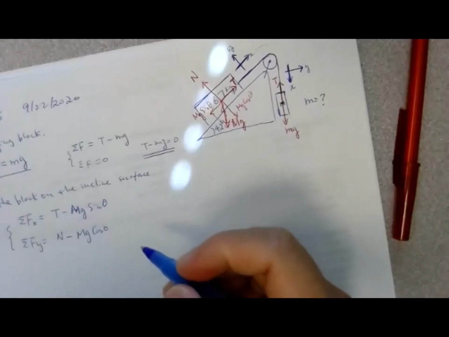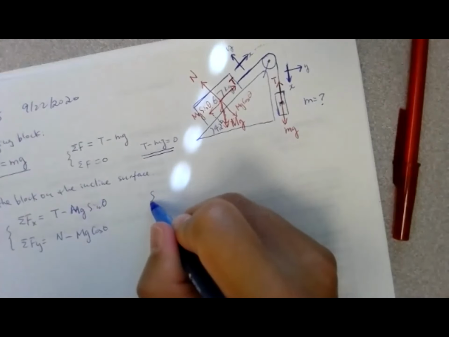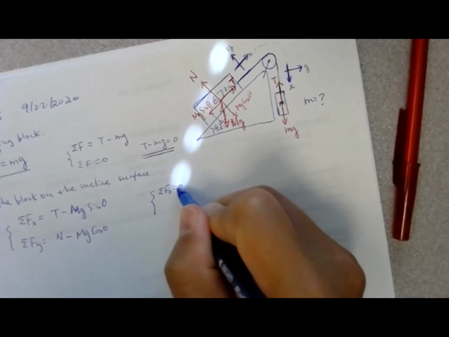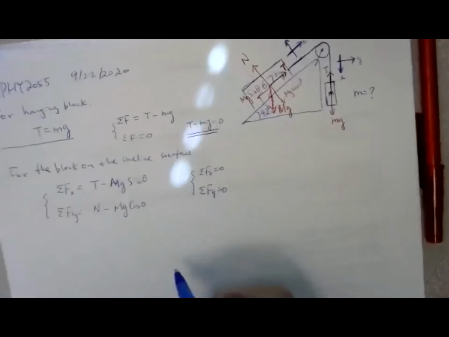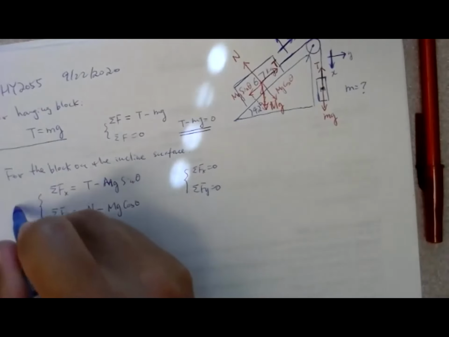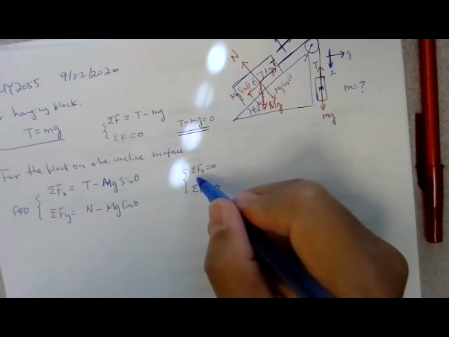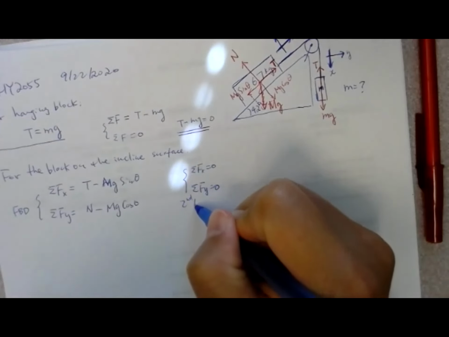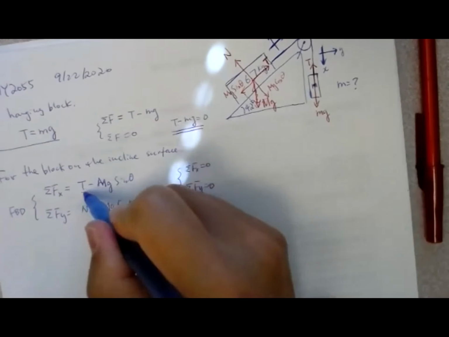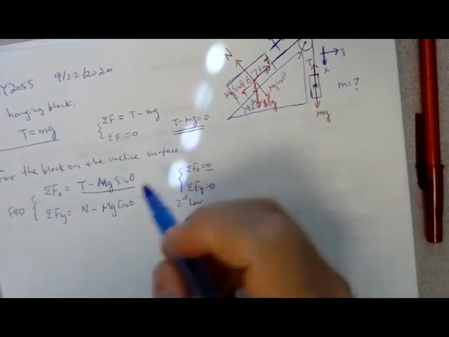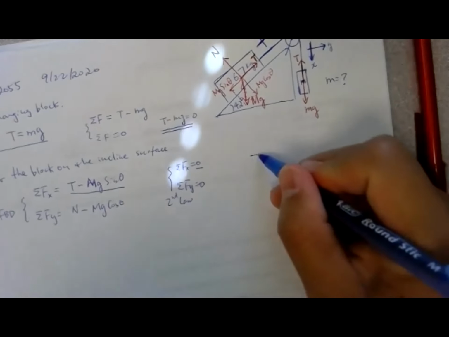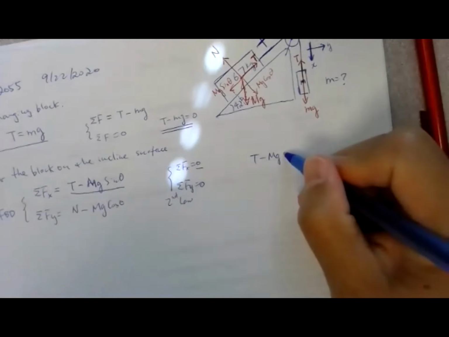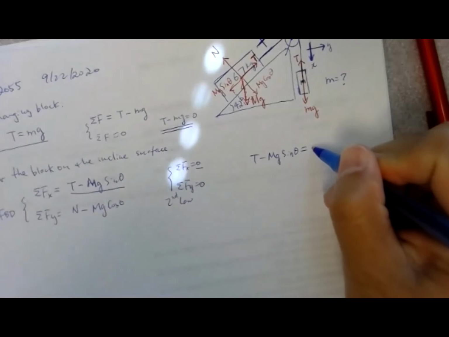But the system is in equilibrium, so that means net force is equal to 0 in the X direction. Net force is also equal to 0 in the Y direction. Okay. Again, you get this set of equations from the free body diagram, right? And then you get this set of equations from Newton's second law of motion, right? So then you can set the two equal to each other from the right hand side of the equation. Okay, so this guy should be equal to that guy. So T minus capital M g sine of theta should be equal to 0.